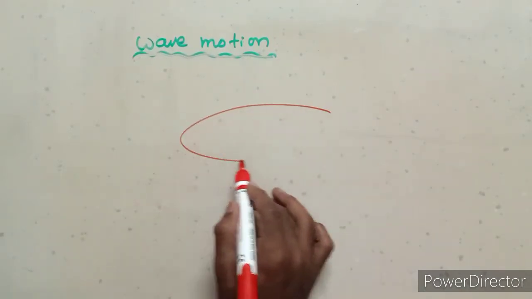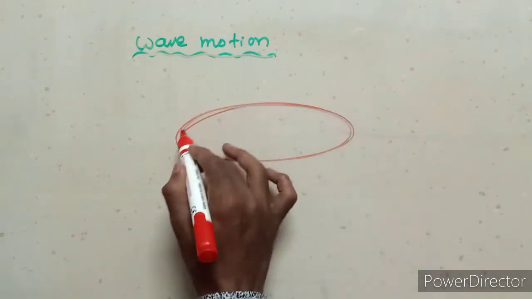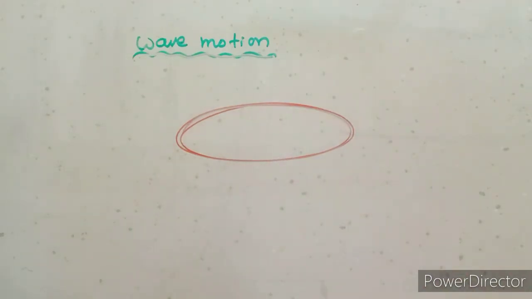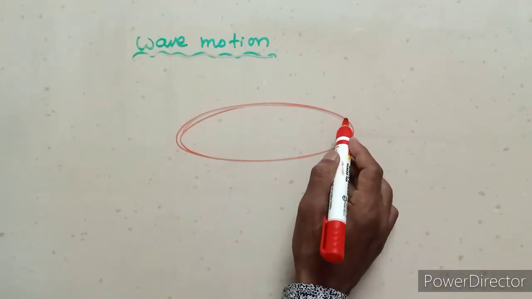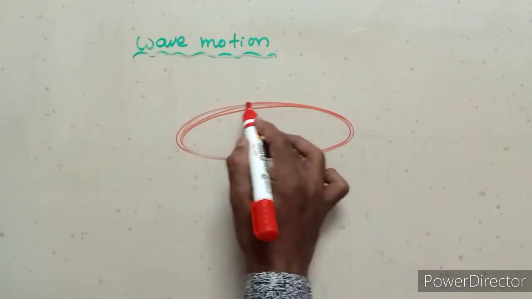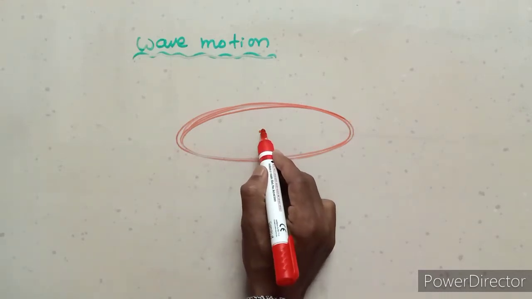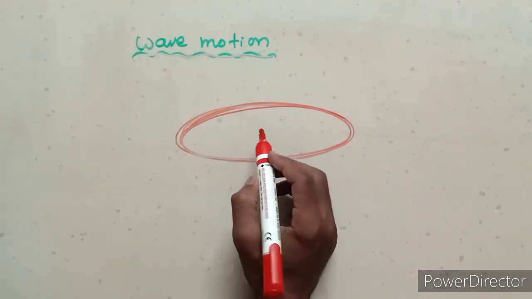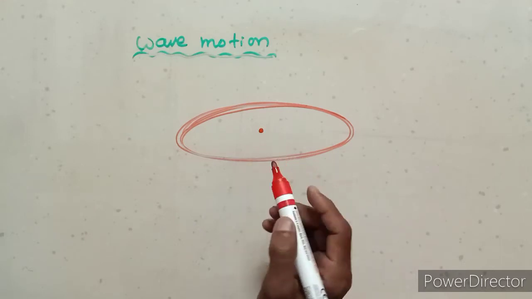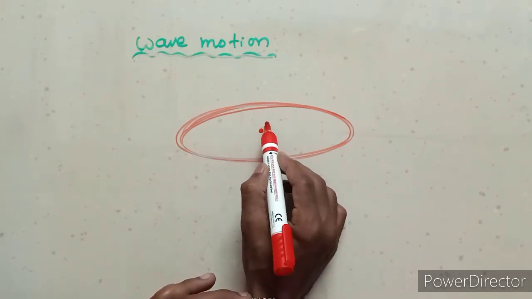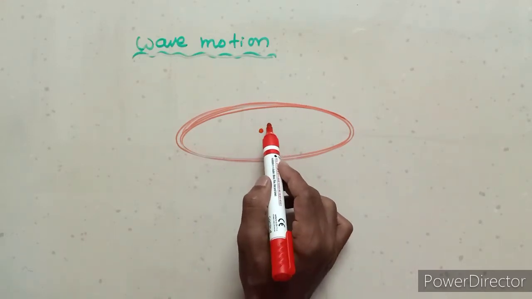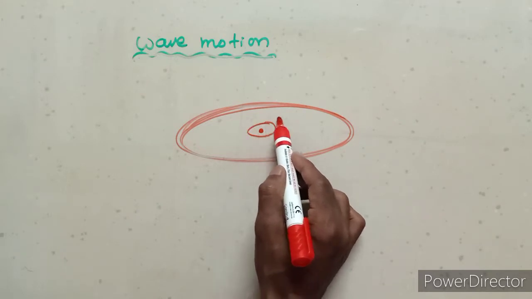This is the medium. Let us consider this is the water surface. In the water, some disturbance, that disturbance is propagating this way.